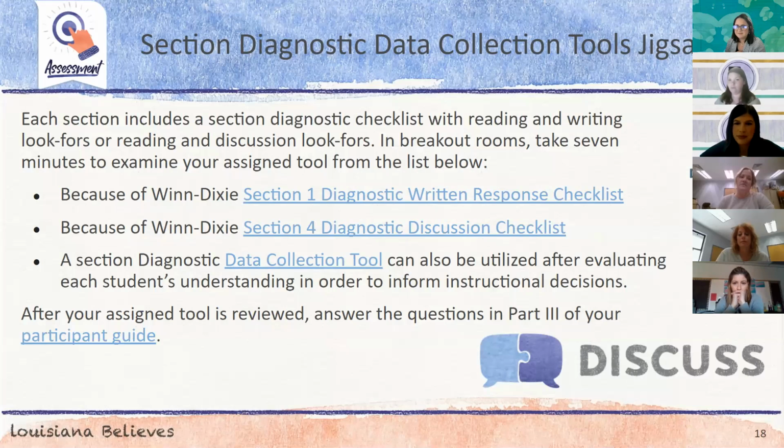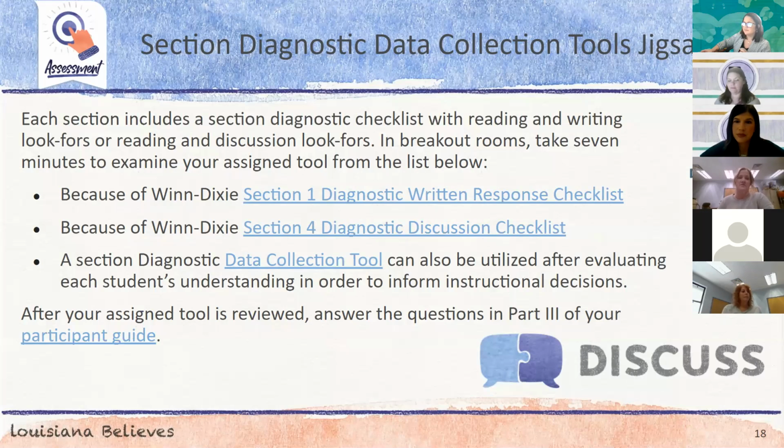So I saw that the reading and writing look-fors had a rubric. I really liked that because I know we had the discussion, well, how are you going to do it? When are you going to do it? Are you going to do it for every student? But I think those questions could be written down and answered, and then that could be something that goes on an assessment that has other questions from other sections on it.